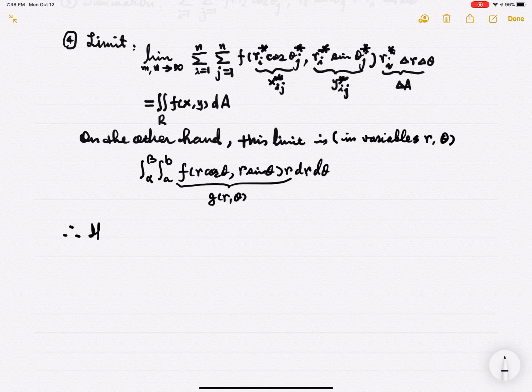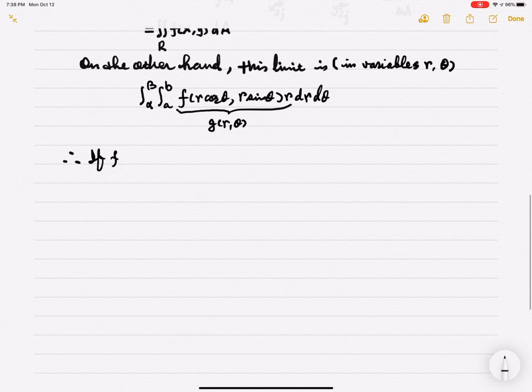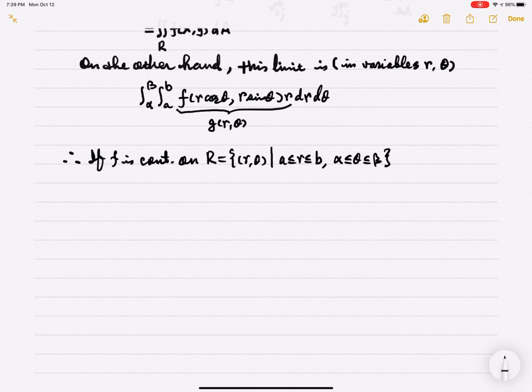Therefore, we say if f is continuous on R, and this is a polar rectangle R, where r is between a and b, theta is between alpha and beta, where we assume theta minus alpha is less than or equal to 2 pi, because we don't want the angle to be larger than 2 pi.